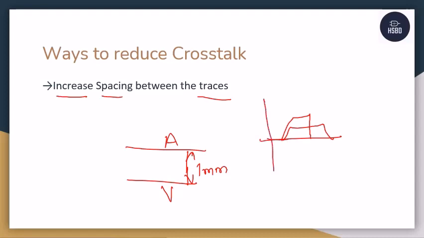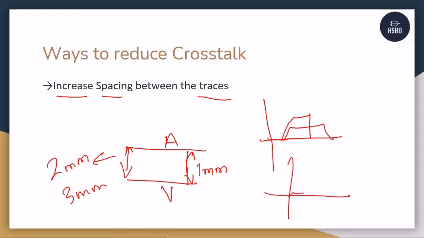In order to reduce this crosstalk, the first method is increasing this spacing. If you increase it to 2 mm or 3 mm, then the values for this crosstalk will reduce, as you can see here. So the first way to reduce the crosstalk is by increasing the spacing between the traces. If you increase the spacing between the aggressor as well as the victim trace, the crosstalk will be reduced.